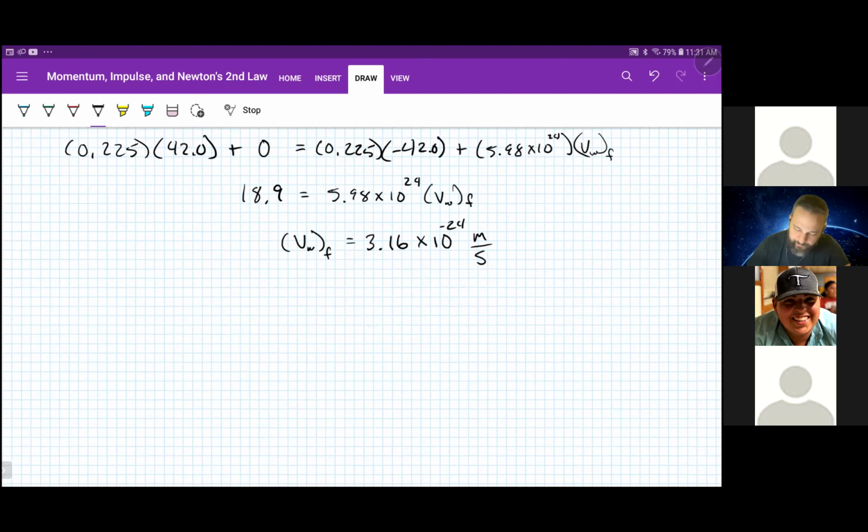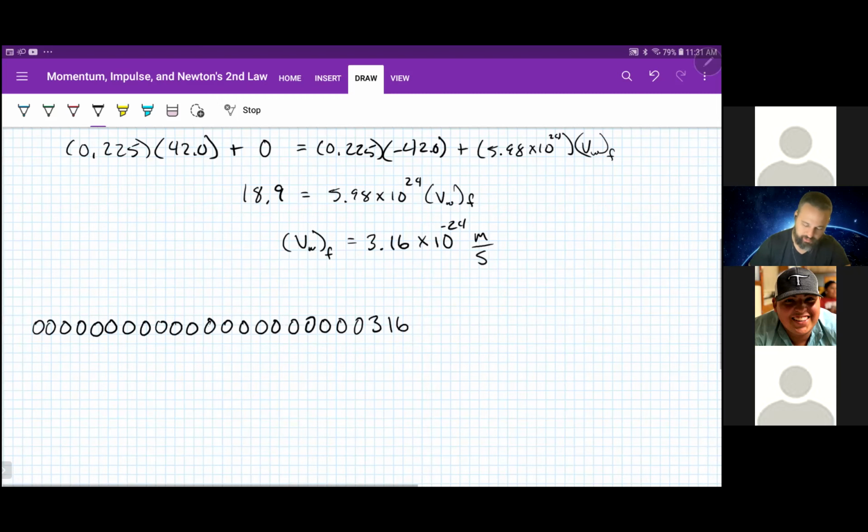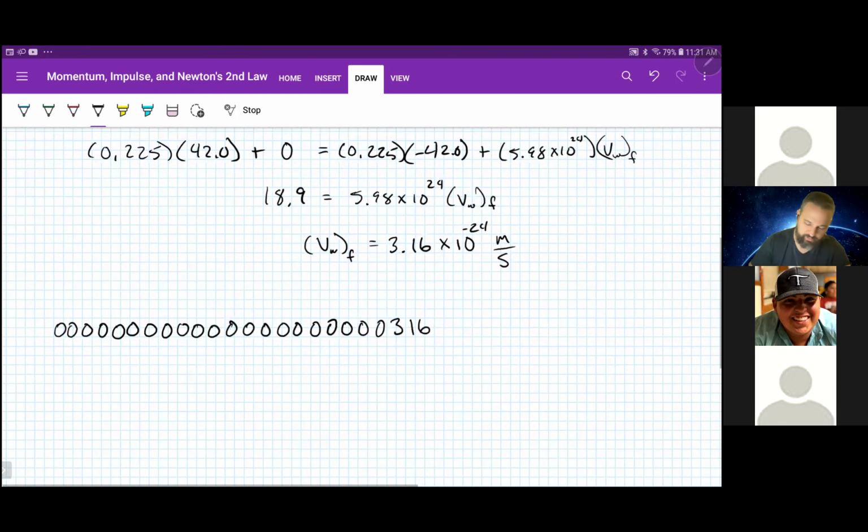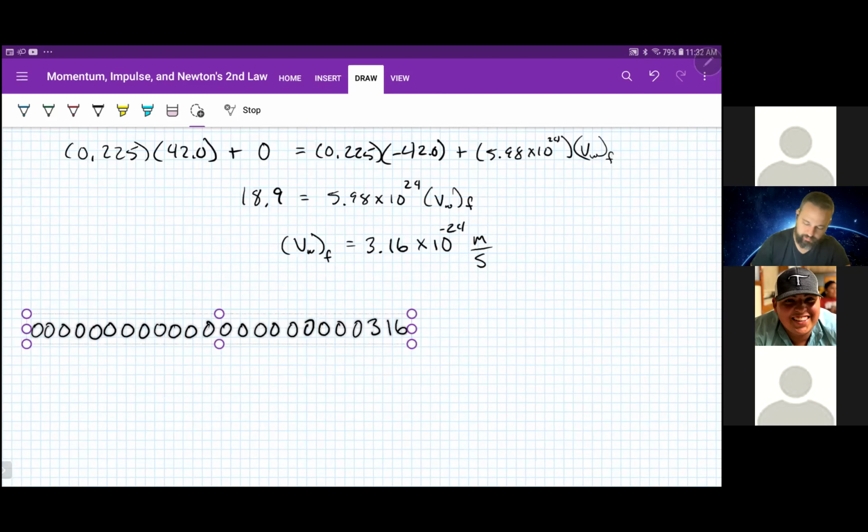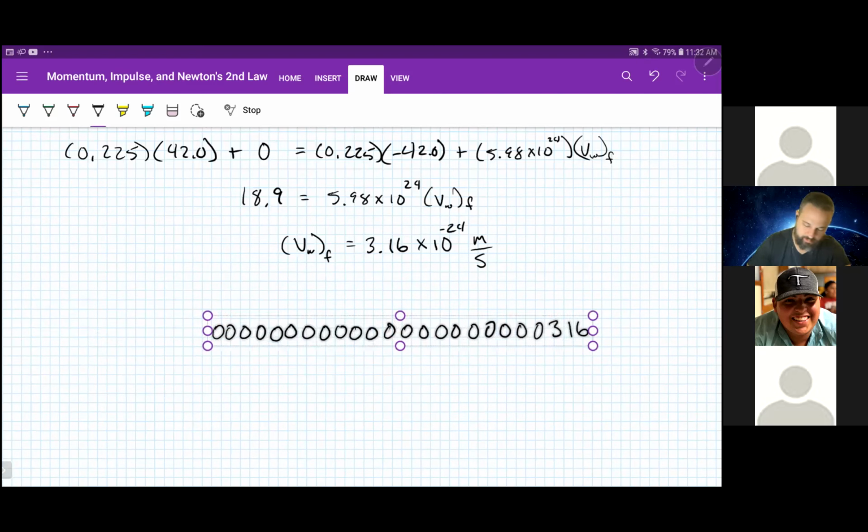So it's 3.16, and we move it 1, 2, 3, up through 22, 23, 24 places.